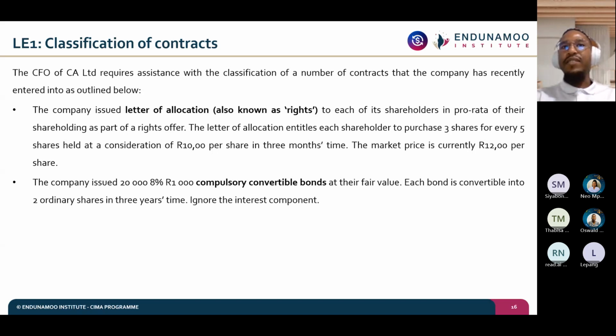That's the first consideration. Does CA Limited also have a contractual right to receive cash? That's another consideration. Thirdly, in the absence of a contractual obligation to deliver cash, could we say this is an equity instrument at the date on which these rights are issued? We're going to get into the solution shortly. I just want you to think of these thoughts for now.